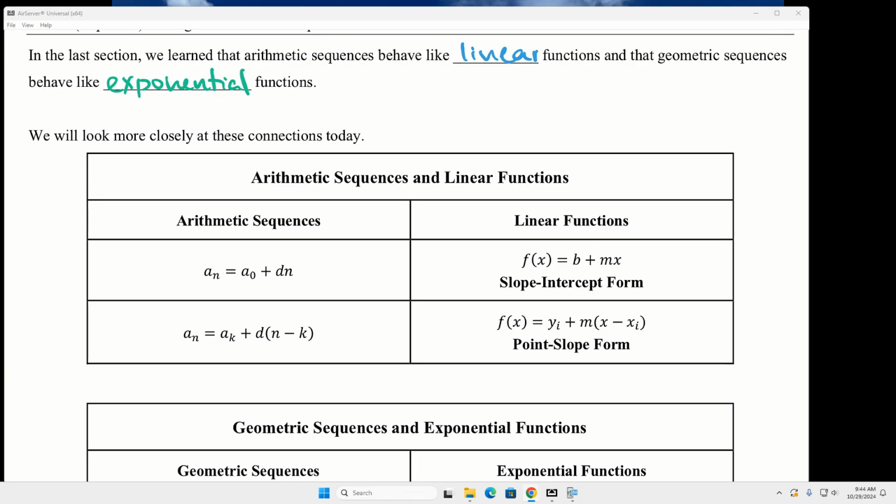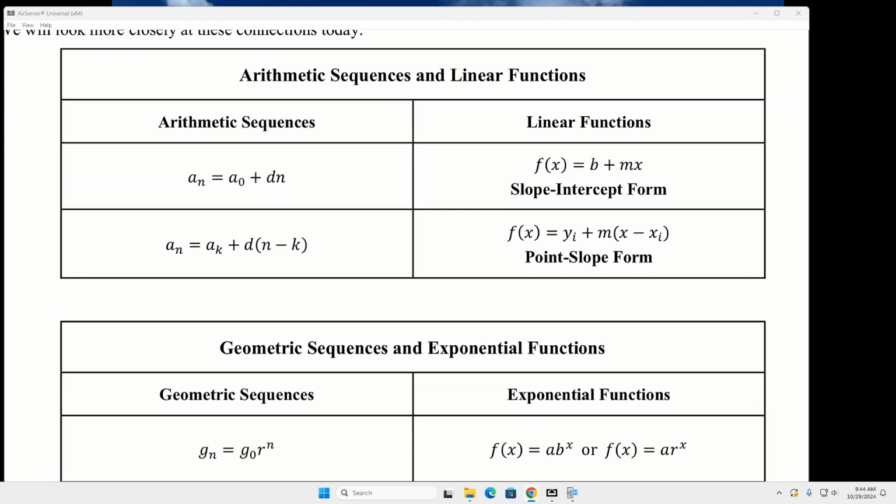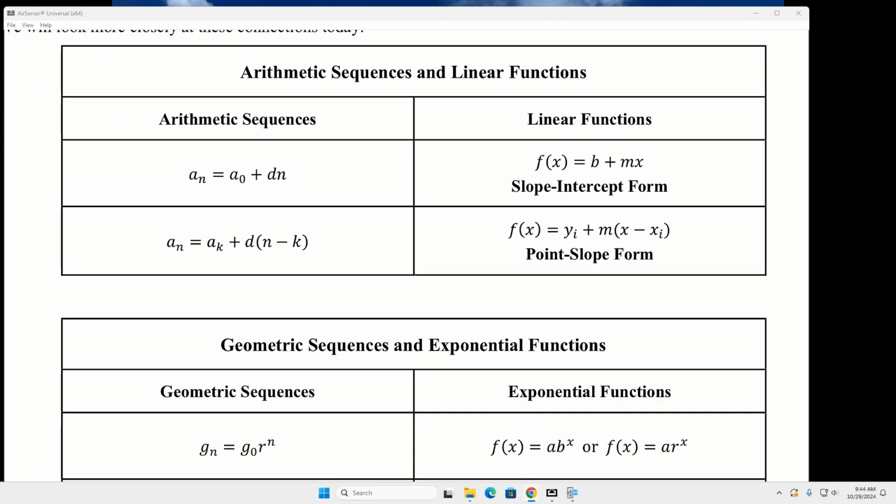But we're going to look a little closer at those different ways to represent all of those different types of sequences or functions. And then after today's lesson, we are going to really start focusing on exponential functions, kind of move away from the sequences.